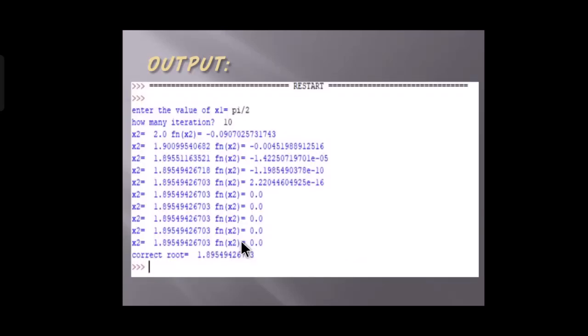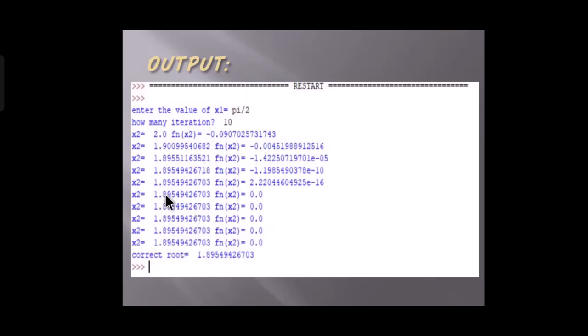Here is the output of the program. Here we could see that we first enter the value of x1, that is pi/2. Secondly, it asks us for the number of iterations. Here I have given the value 10, so it iterates 10 times. When the first for loop executes, it prints the value of x2 as 2 and the function corresponding to it, and the loop continues 10 times.